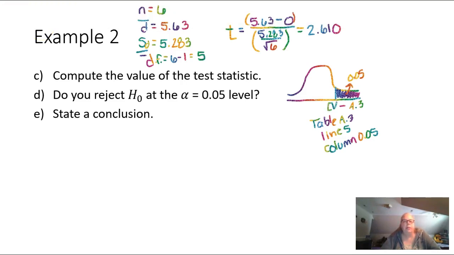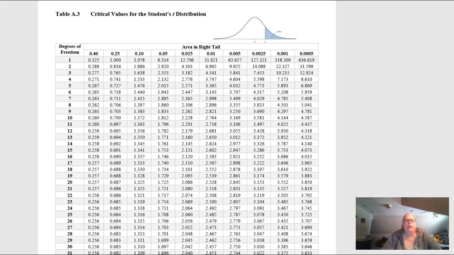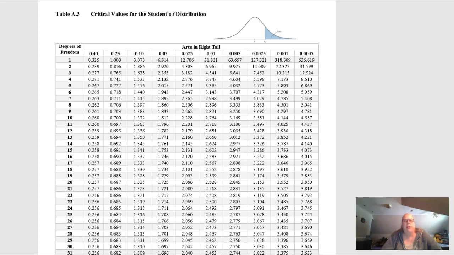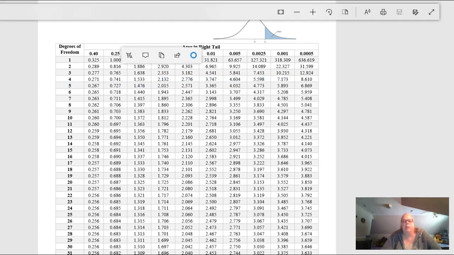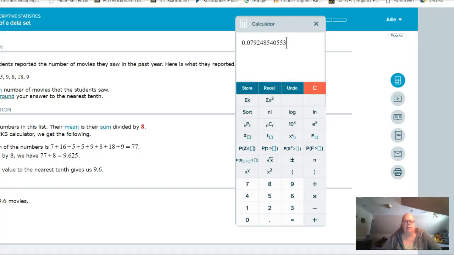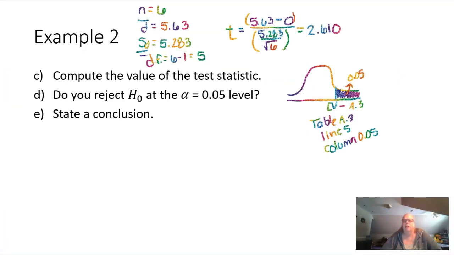Okay, let's get table A3. All right, we pulled up table A3, line 5 right here. Reading across line 5, we're looking for where it intersects column 0.05. Here's column 0.05. So the number I want looks like it's going to be right here, the 2.015. And so let's bring that back to the picture.